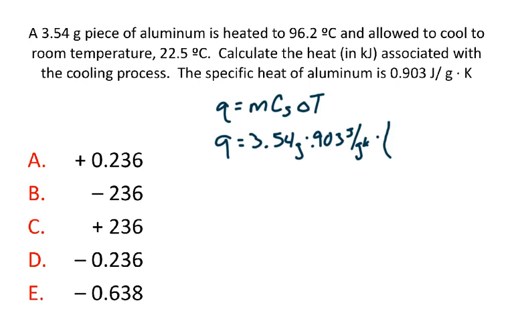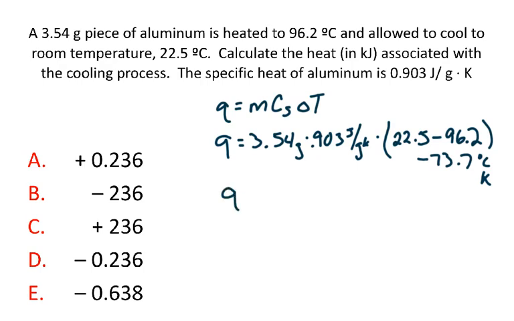So our final temperature is 22.5 minus 96.2. So our delta T is negative 73.7 degrees Celsius or Kelvin. The units are the same.